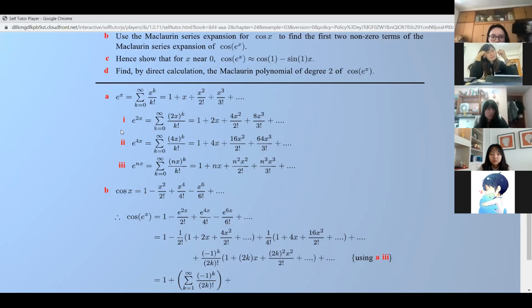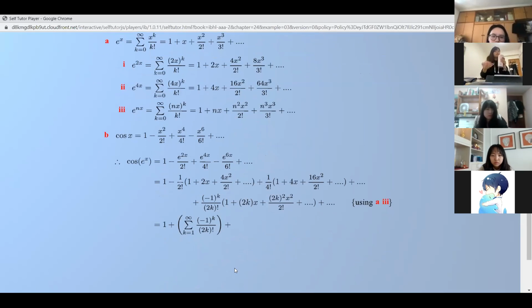The next term will be the x term, and again we need to collect the x terms from each of the expansions of the exponential terms. We summarize these in summation notation as the sum from k equals 1 to infinity, and use the coefficient of x from the general term involving e to the 2kx.